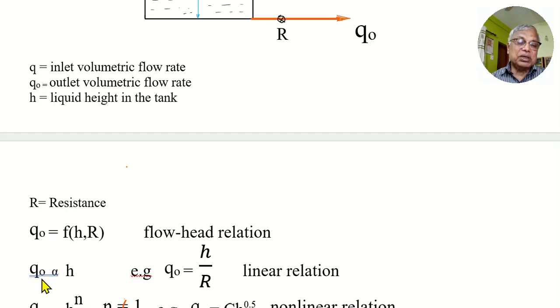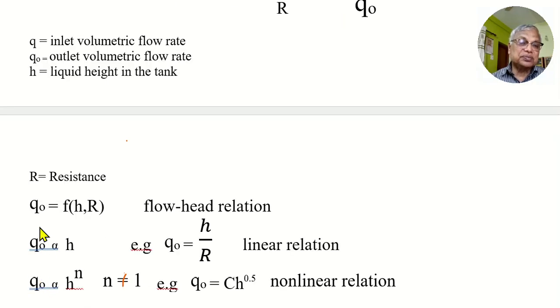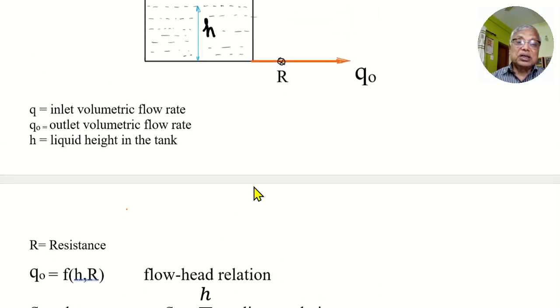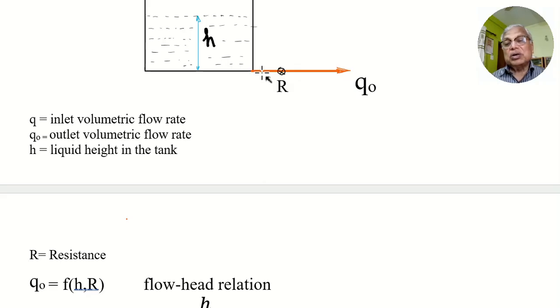For example, in some cases Q0 will be directly proportional to H. For example, Q0 can be equal to H by R. That is if the outlet consists of a simple pipeline and the flow is laminar.